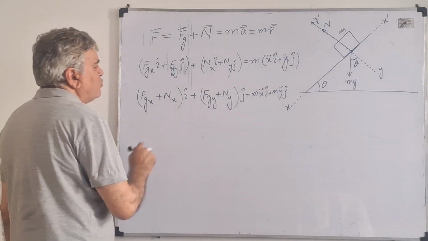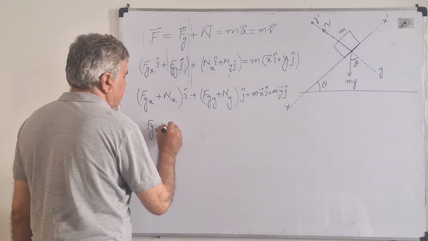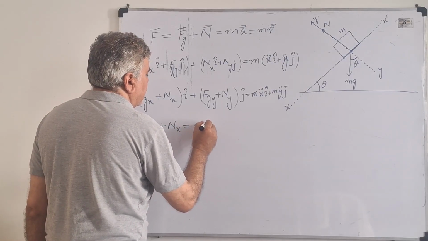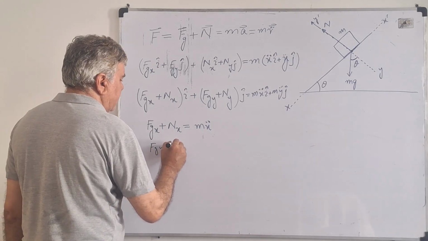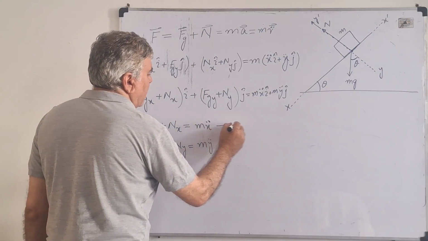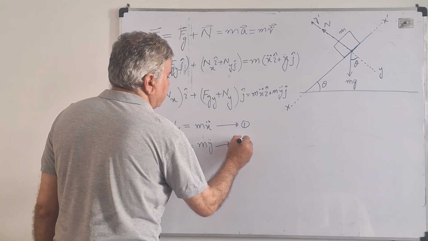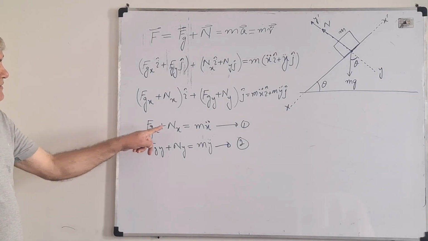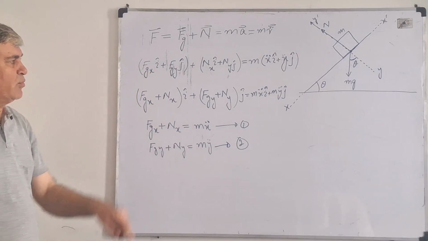So whatever way you may do, I can write Fgx plus Nx is equal to m x double dot, and Fgy plus Ny is equal to m y double dot. So I have two scalar equations. Now we need to find Fgx, Nx, Fgy, Ny, and similarly x double dot and y double dot.